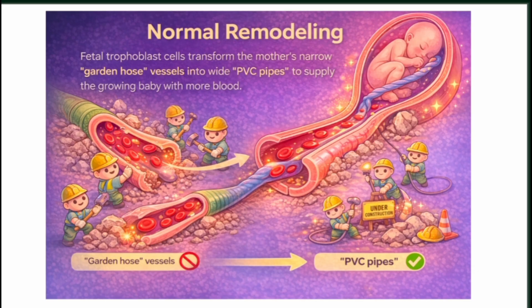And when they go into the maternal circulation, they're going to make the vessel at least 10 times bigger, and they're also going to make the maternal blood vessel low resistance and sluggish, in a sense that it's going to supply a high volume of nutrient blood. They're also going to perform what we call denervation. Denervation means that the mother will lose its ability to constrict its own vessels, because the babies have taken charge.